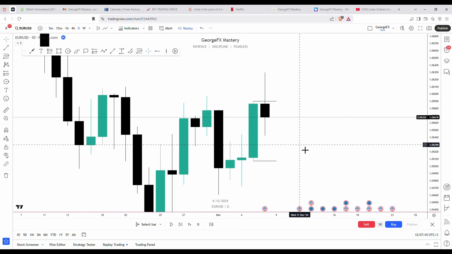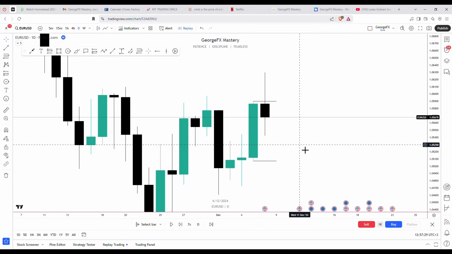Remember, on the daily time frame you will be looking for quite a number of pips. And if you get a setup on the daily time frame, you all can agree that it's usually more precise and has a better win rate than trading on any other time frame.